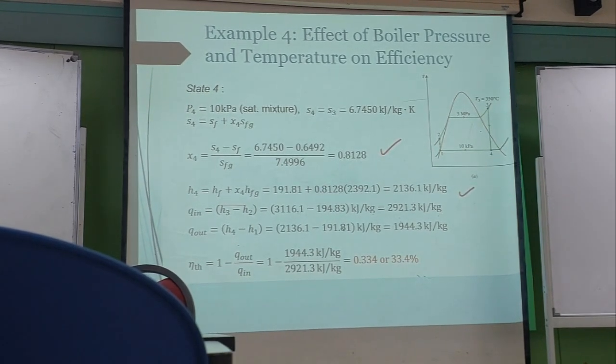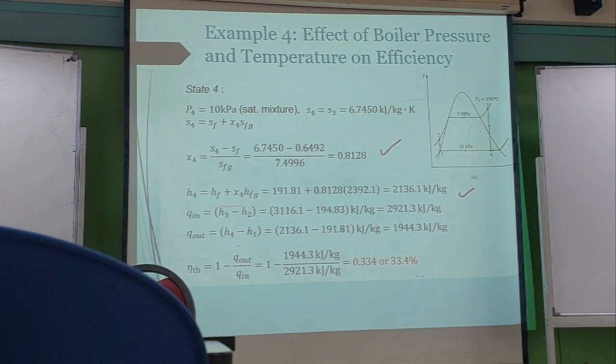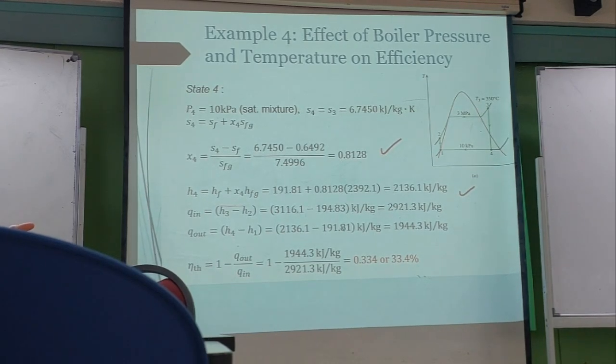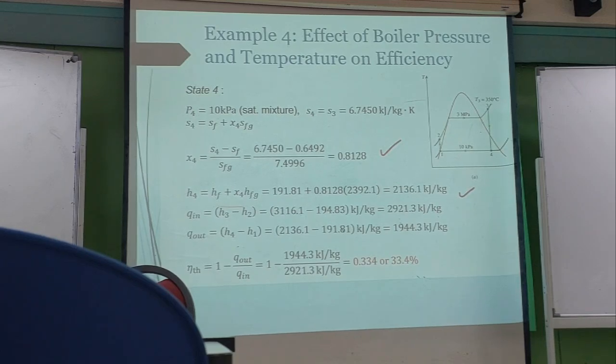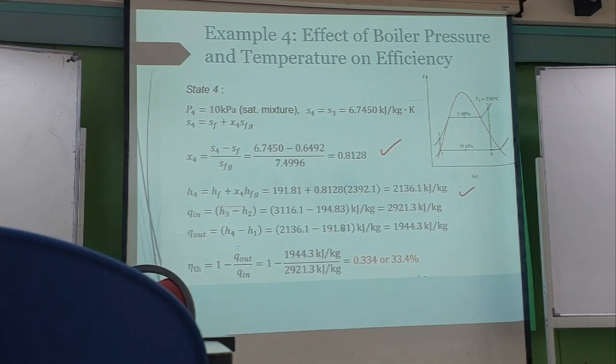If your mathematics is a little bit better, you can probably skip the quality part and just compare both sides to get the enthalpy. But that is a bit more complicated, so I don't want to teach that. Some students do that in my exam, so that's fine. If not, just do this step by step.